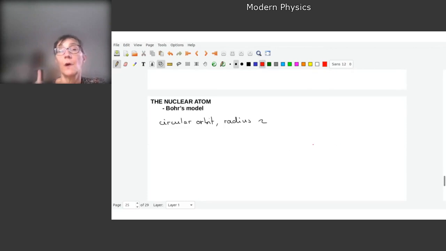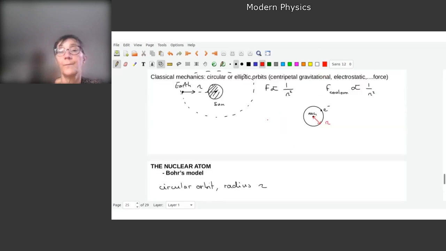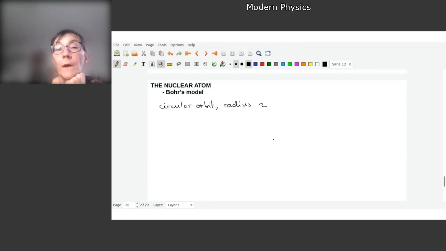We are going to study atoms with only one electron, so you can have the hydrogen atom or ionized helium, or things like that, one electron around the nucleus with Z protons, one electron with mass me, and we have the nucleus.